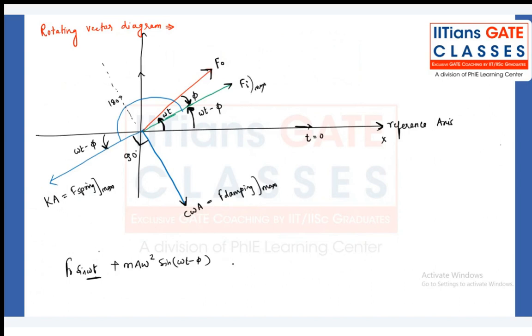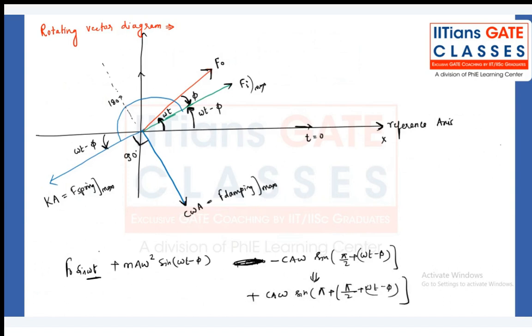If you see the term minus C a omega, sine pi by 2 plus omega t minus phi, this can also be written as plus C a omega sine pi plus pi by 2 plus omega t minus phi. That means from omega t minus phi, I need to move the angle by 90 degrees, again 180 degrees. Then I will be getting the damping force.